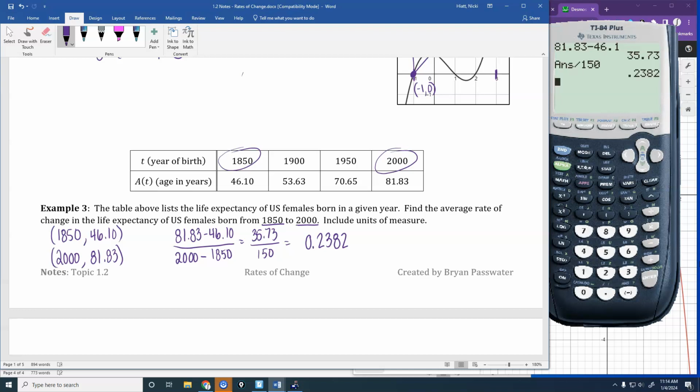Now it told us here to indicate units of measure. What are the units of measure for this? Not just years. Years is going to be part of it. It's a weird unit of measure.